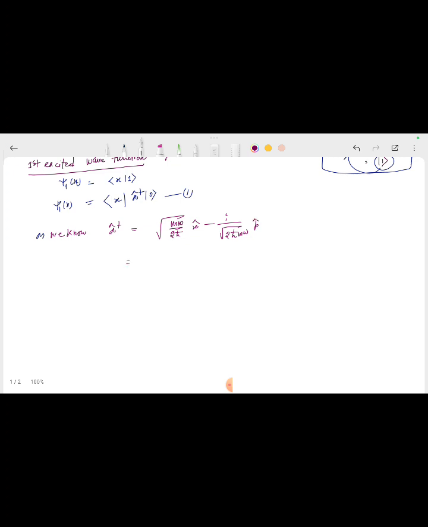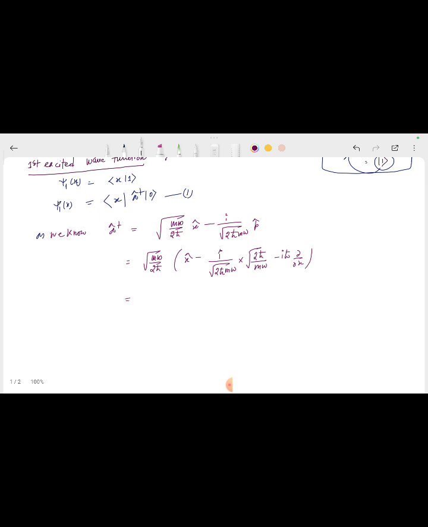Now let's take common root under mω upon 2ħ, so it equals x cap minus i root under 2ħ upon mω, and p cap equals minus iħ del x. We apply all the expressions here.